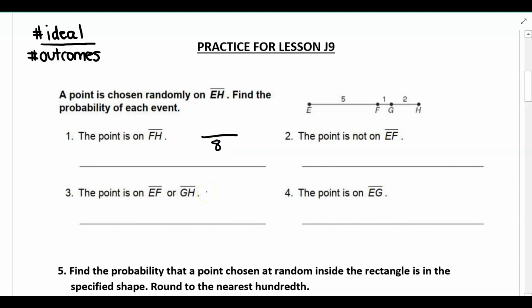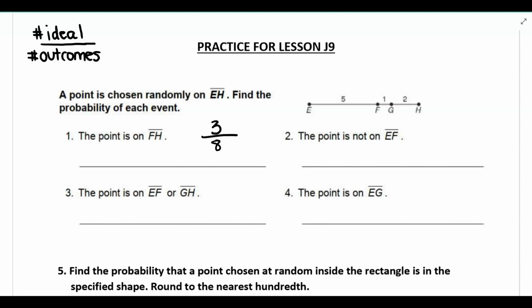Out of that 8-inch length, if I want it to land on FH, the ideal space that I want it to land within is worth 3 inches. So the probability that it will land within FH on this line is 3 out of 8.